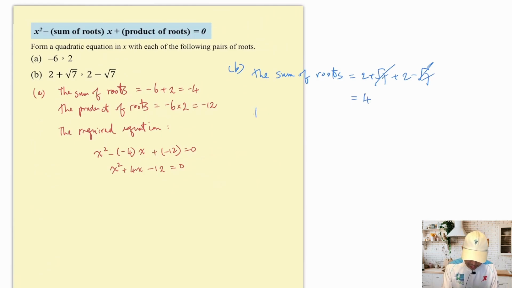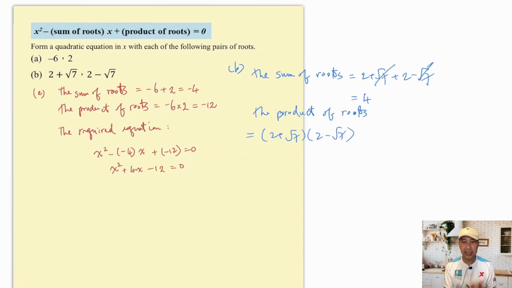The product of them should be 2 plus root 7 times 2 minus root 7. It is in the form of a plus b times a minus b, so the product should be a squared minus b squared. So 2 squared minus root 7 squared should be equal to 4 minus 7, which is negative 3.